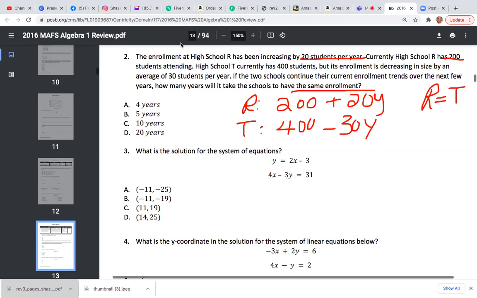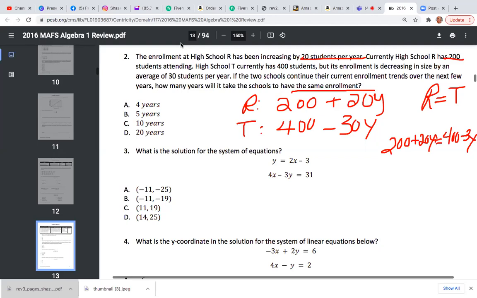So on this one right here, guys, listen, okay? You have the answer choices. You can use the answer choices to help you figure it out, okay? Or you can just say, okay, I know to find the number of students at R, I do 200 plus 20y. Why? I know to find the number of students at T, I do 400 minus 30y, and they must be equal to each other. So I can go ahead and set up this equation right here and solve this. Can you guys solve that equation?